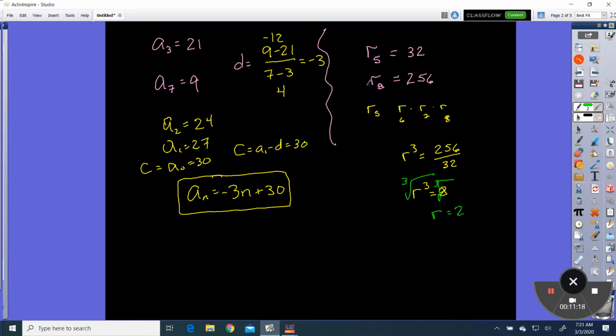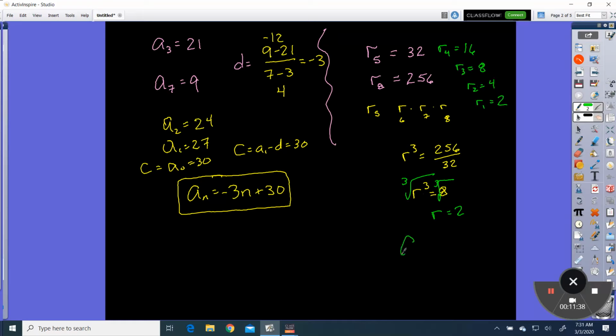Okay. So now I can just go backwards. R4 would be R cubed, 8. R2, and R1 is 2.